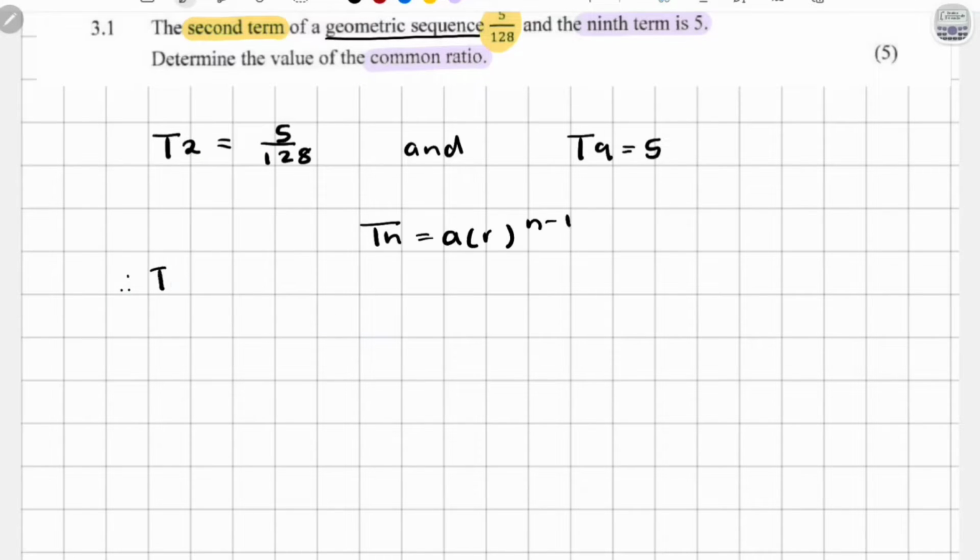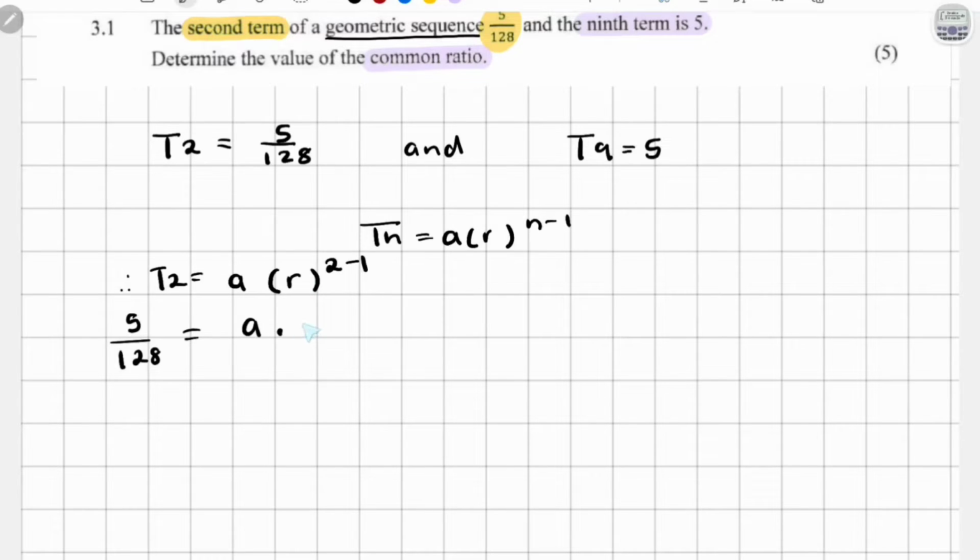So saying term 2 is equal to A, which we don't know, multiplied by R, we also don't know that, to the power of n, which is 2. We know what n is, minus 1. And what is the value of term 2? It's 5 over 128. So we'll say 5 over 128 is equal to A multiplied by R raised to the power of 2 minus 1, which is 1.